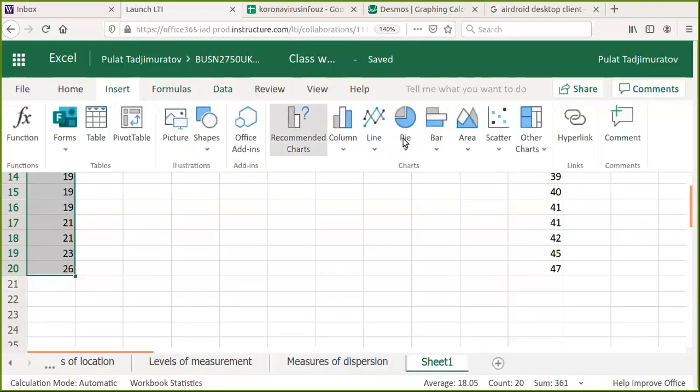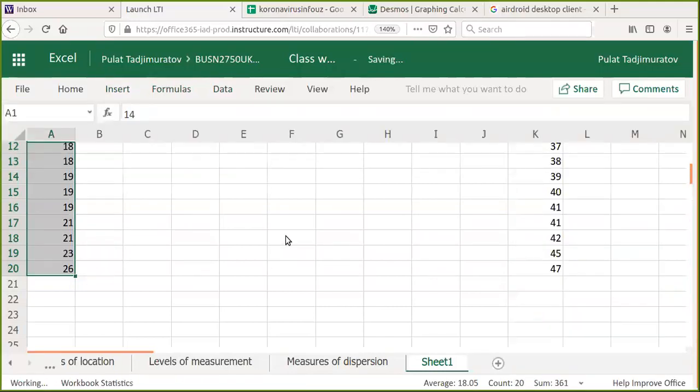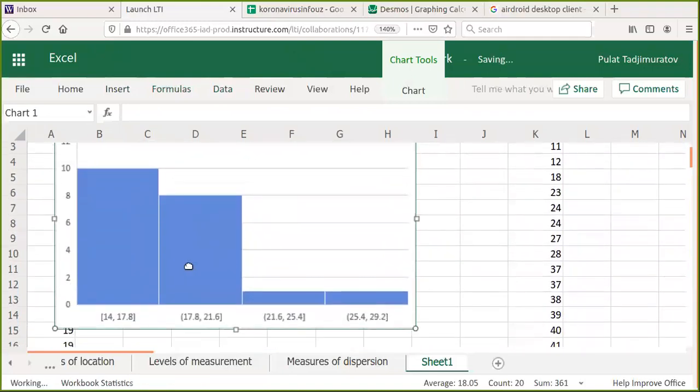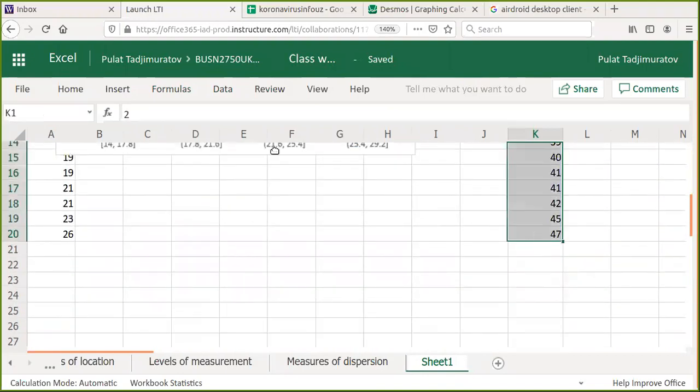So I'll put a histogram. Okay, so that's our first data set, and you can see that it's mostly concentrated towards the smaller end to the left, and there are some outliers. And our second one is more or less uniform.